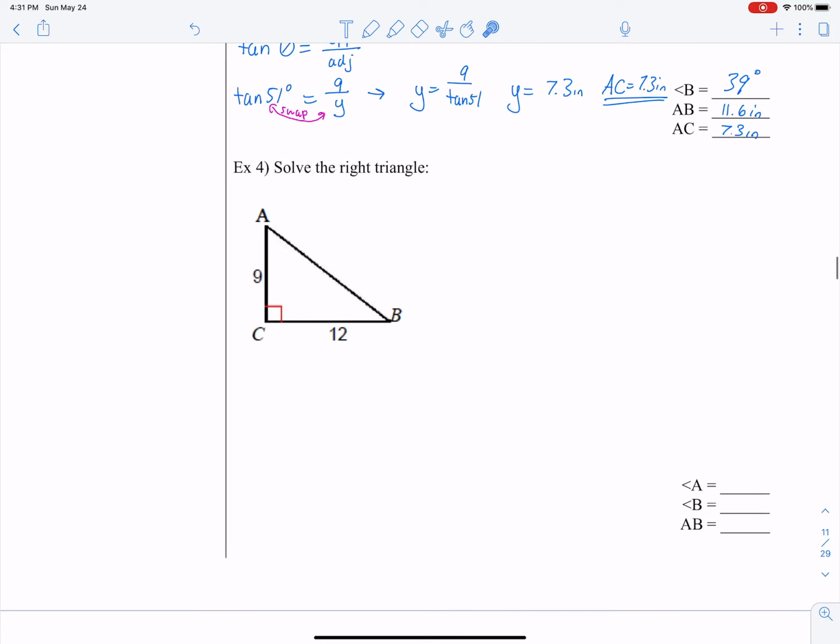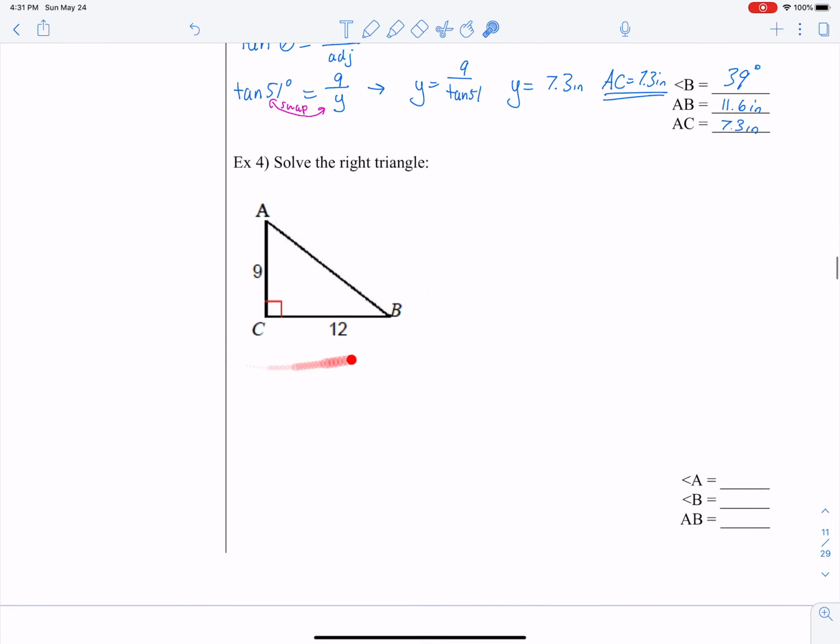Okay, so let's try again with another triangle. So now we have a new triangle that they want us to solve. So again, we can write angle A, angle B, angle C, and we have side AB, AC, and BC.